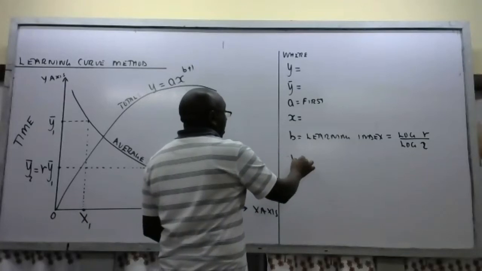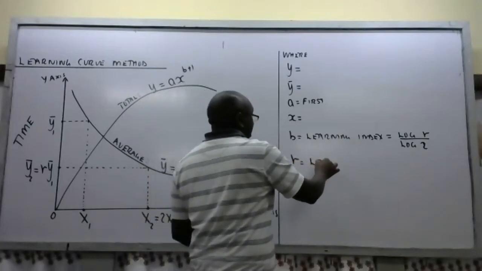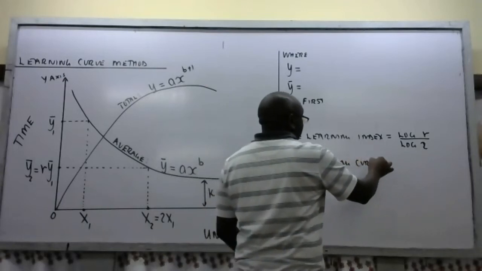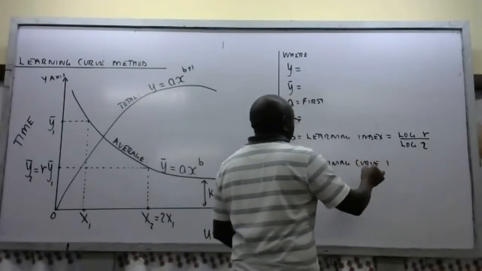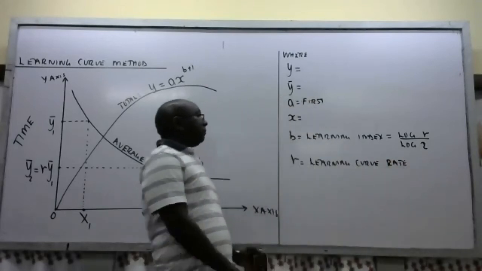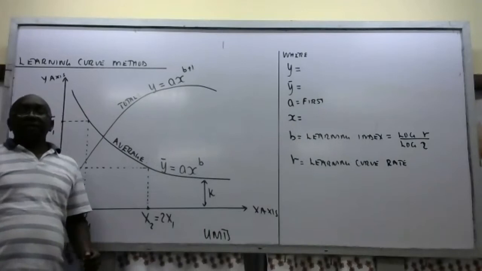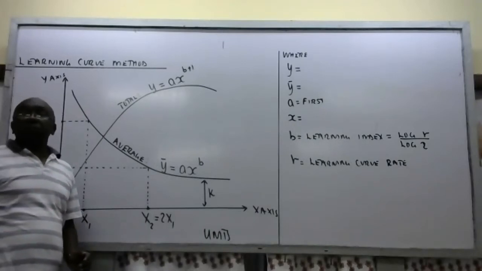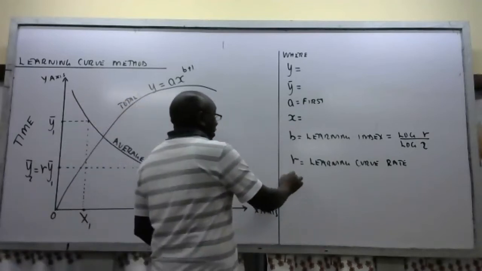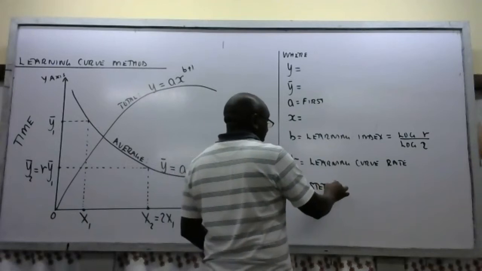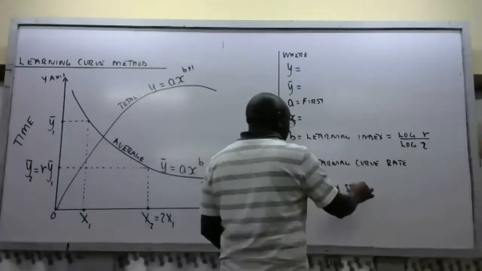And this R is the running curve rate, not the running curve index. The index is B. The running curve rate is R. Then K is called the steady state.